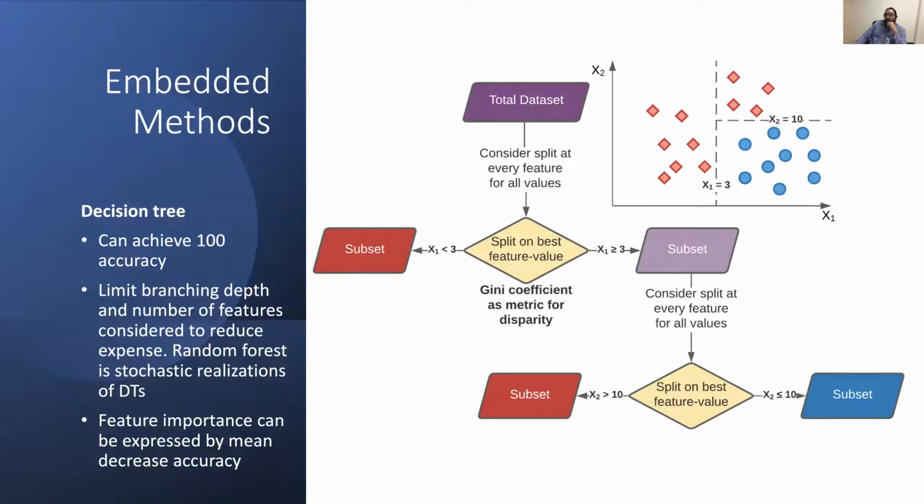And so for those features that, when you remove them, the mean accuracy of all those 500 trees drops the most, the bigger the mean accuracy drops, the more important that feature is. And that's how we rank the features. This is how feature importance is expressed in a random forest. And you could quantify it by mean decrease accuracy or with the Gini coefficient, but that's how feature selection is done in a random forest.